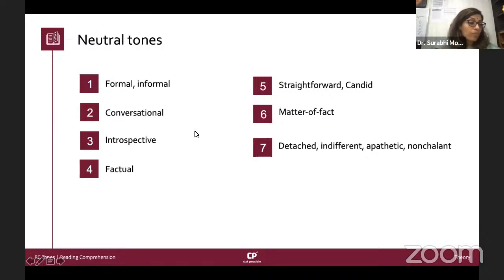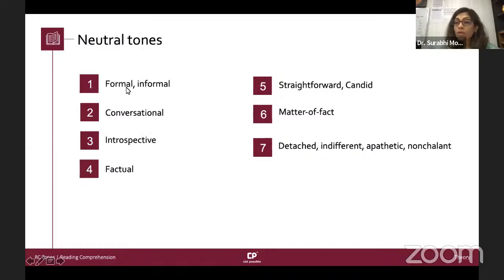Next, we come to neutral tones. Now, neutral tones are tones where the passage is fact-based, straightforward. So these are just the words for the same thing.